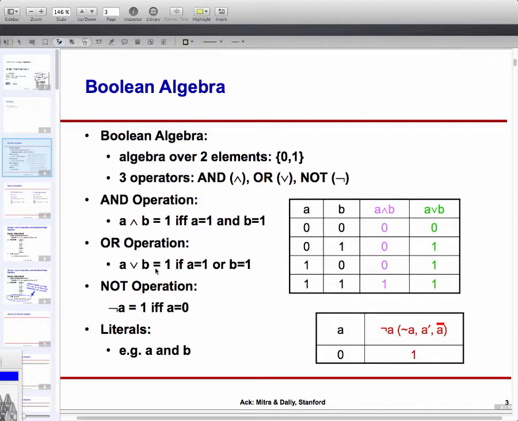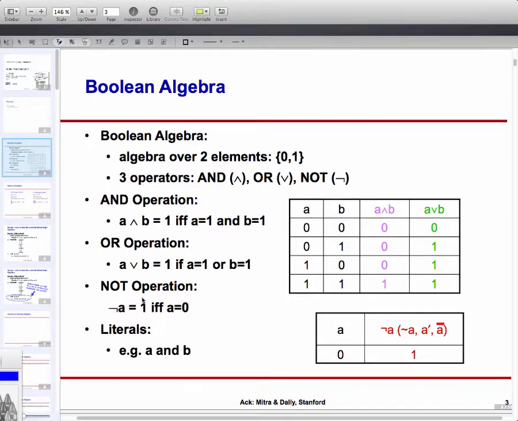OR operation: A or B is 1 if A is 1 or B is 1. Another way of saying it is A or B is 0 if and only if both A and B are 0. You see that out here, A or B is 1 for the bottom 3 rows. So this is simply the definition. Much like we define addition in regular algebra, we define AND and OR in this algebra.